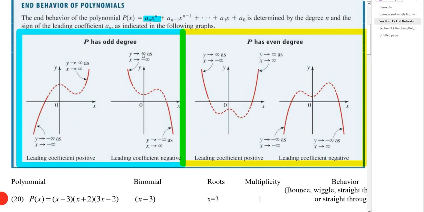So you're seeing that like here, as x approaches negative infinity, y approaches positive infinity. As x approaches positive infinity, y approaches positive infinity, etc. That's your end behavior stuff that I would suggest you know sometime, maybe by Wednesday.